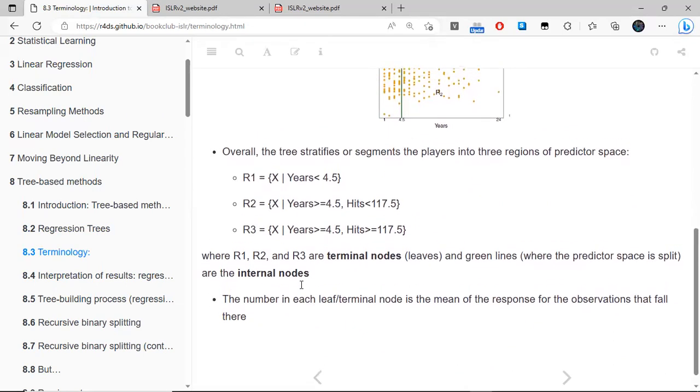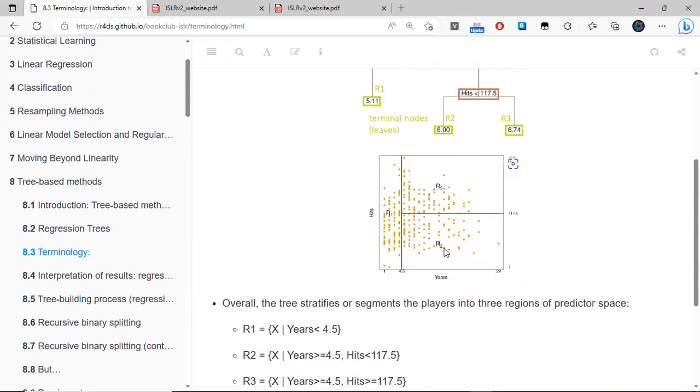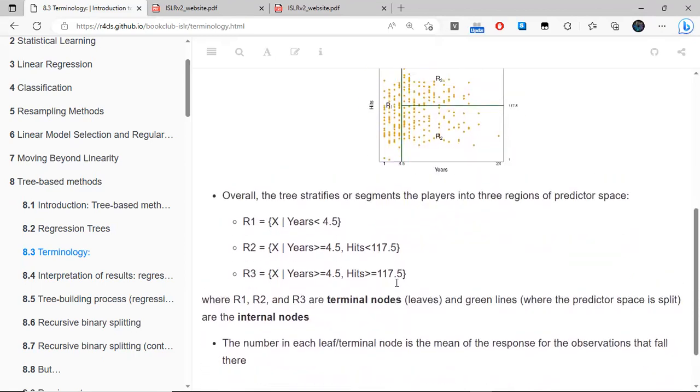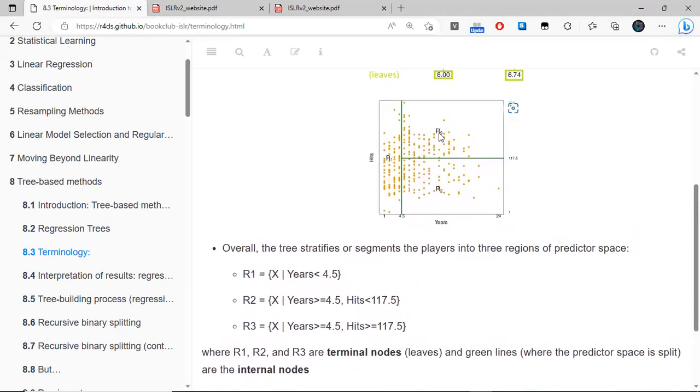And an important note is that once you have segmented the predictor space that we have over here, now 3 rectangles, then what is the predicted value of this model? Well, it's going to be that for each region, that is for each rectangle, the predicted values, for example, in this rectangle R2, it's going to be the mean of the response for the observations that lie inside this region.